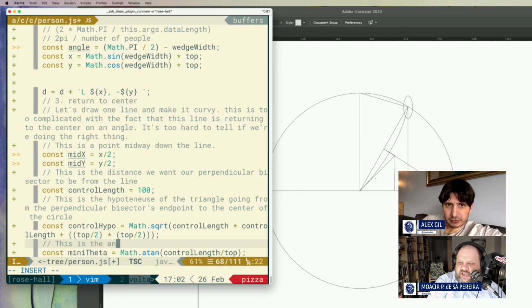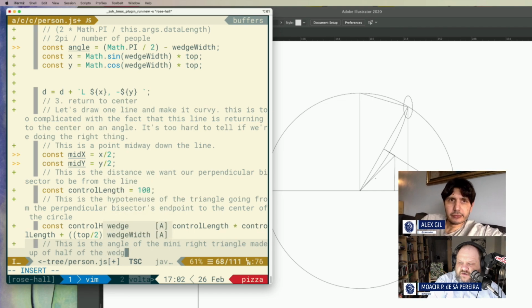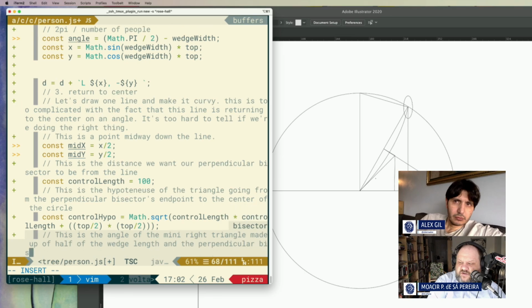This is the angle of the mini right triangle made up of half of the wedge length and the perpendicular bisector.